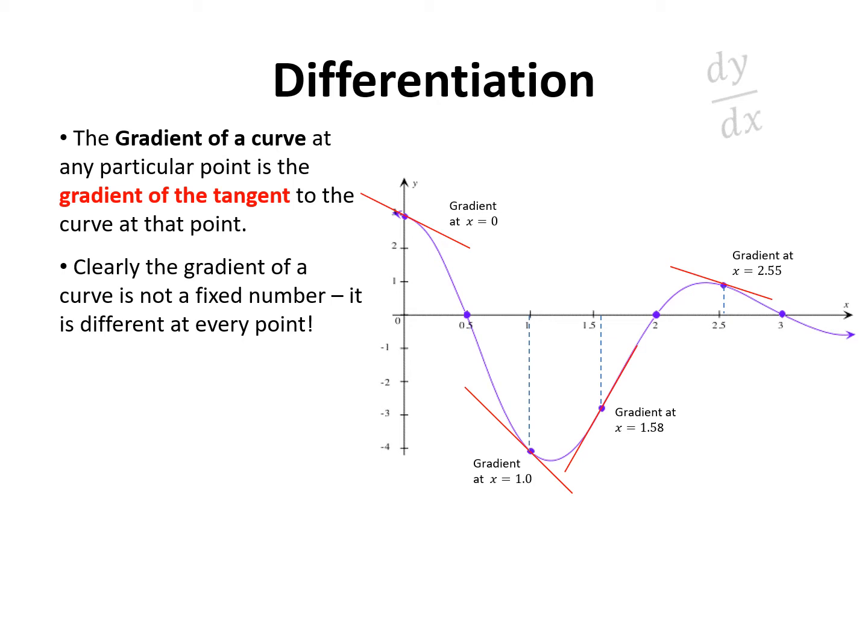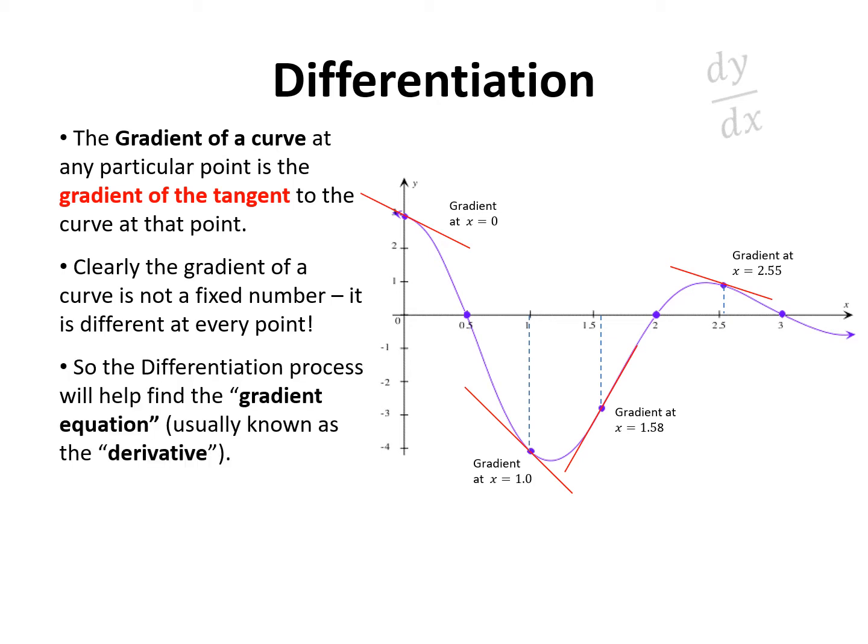So the gradient of a curve is not going to be a fixed number. The gradient of a curve is going to be different at every point. So how are we going to get an answer for the gradient of a curve? It's going to have to be an equation. So differentiation is all about starting off with a curve, an equation for a curve, and then changing it into a new equation, which is the equation of the gradient.